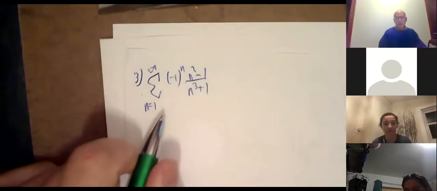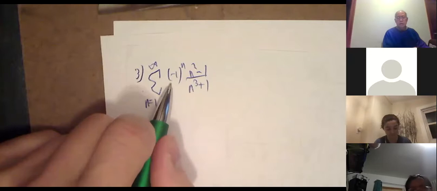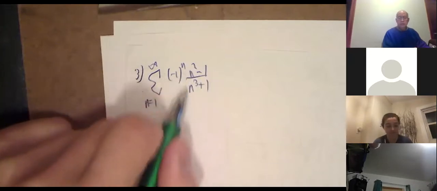Summation n equals 1 to infinity, negative 1 to the n, squared minus 1 over n cubed plus 1. This one should be a giveaway. That tells me that it's alternating. So I'll try the alternating series test. Are these terms going to decrease in absolute value and approach 0?